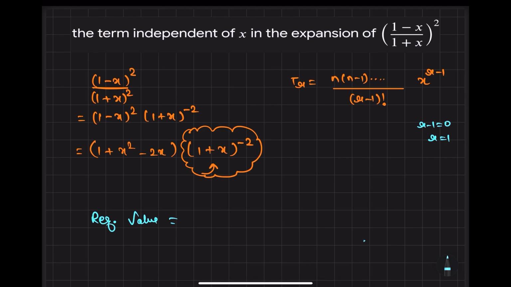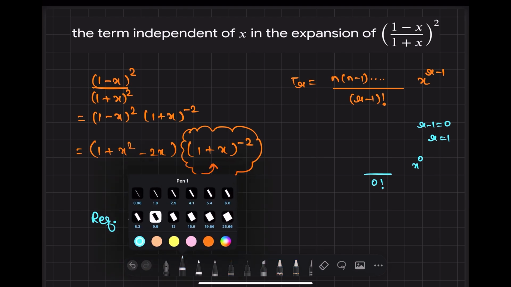Now look at this. So it is x power 0, then 0 factorial, and you will stop at the 0th thing. Correct? No, means the first element. You know that in the expansion of this thing, the first element was 1, and that is free from x. So we will have 1 multiplied with 1. Now plus x square.